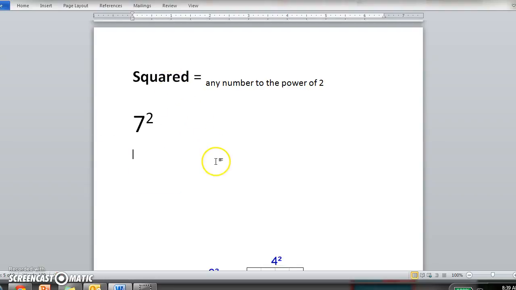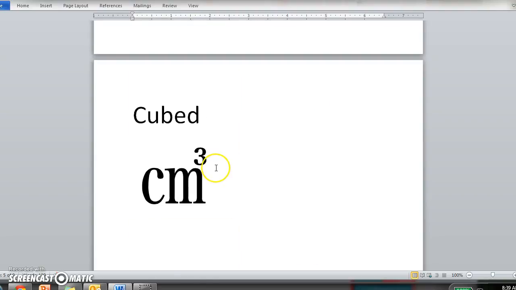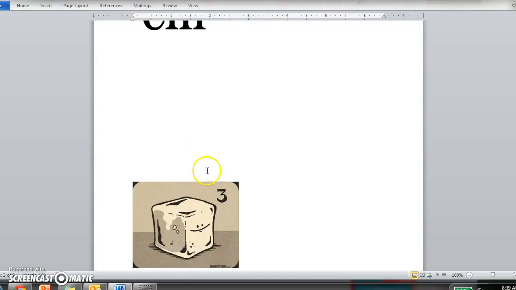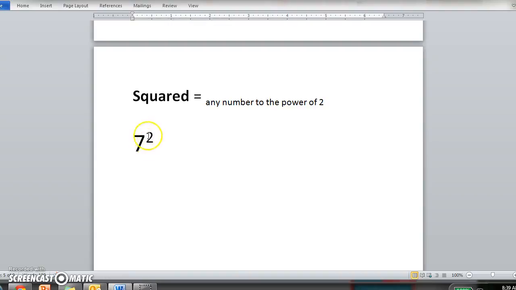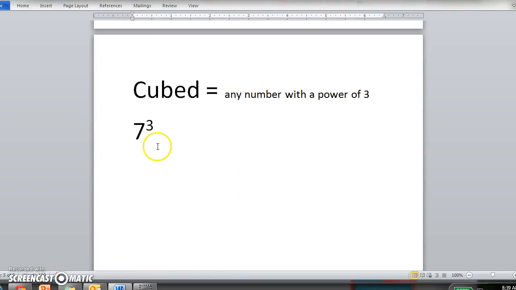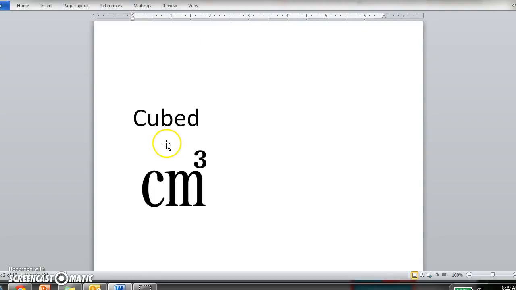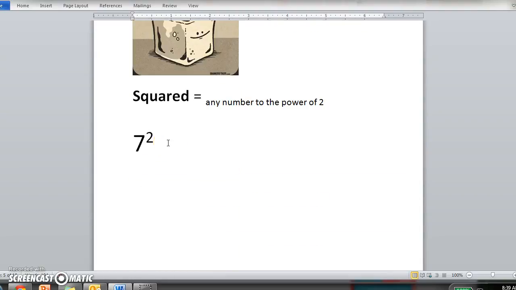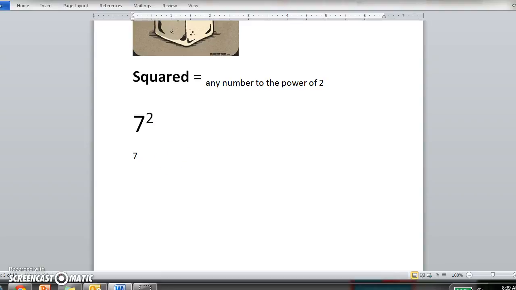So it's very important to know the difference between cubed, multiplied by itself 3 times, and squared, multiplied by itself twice. So cubed is 7 times 7 times 7, whereas squared is 7 times 7.